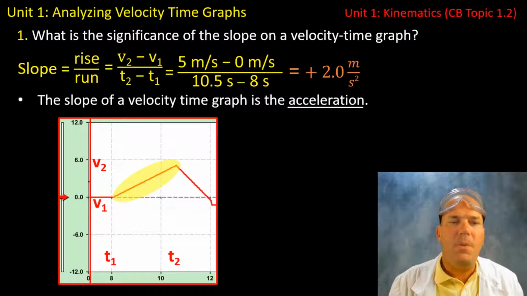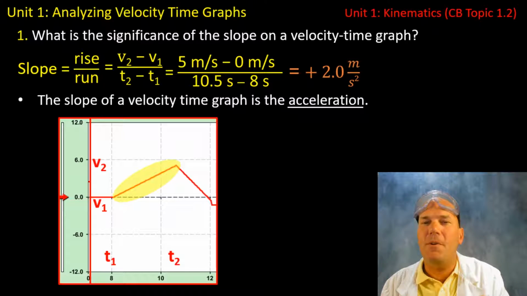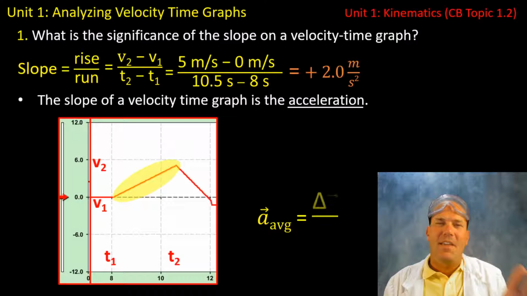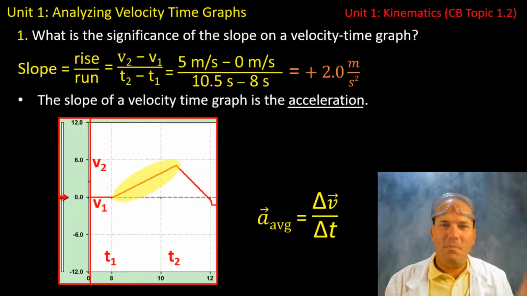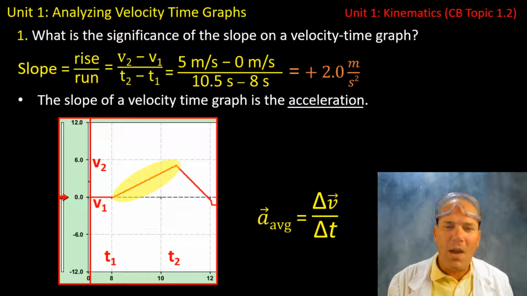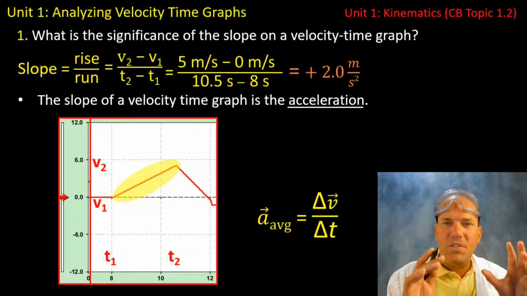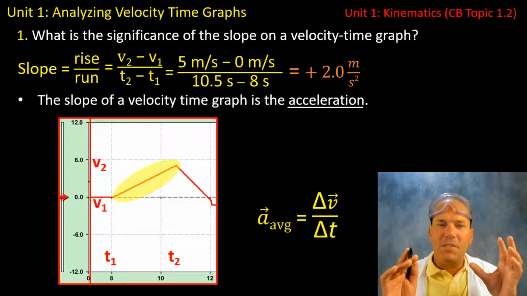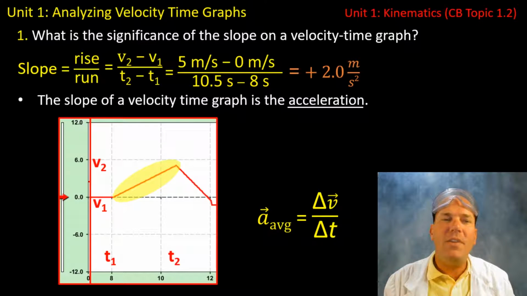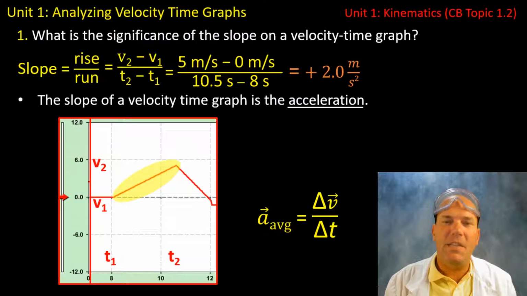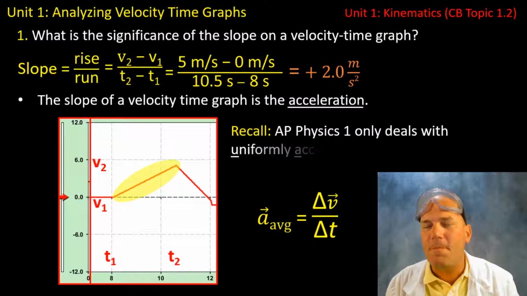So the slope of the velocity time graph is indeed the acceleration. And recall that acceleration, by definition, that vector quantity, is the change in velocity over the change in time, which is exactly what we're calculating when we find the slope from a velocity as a function of time graph.